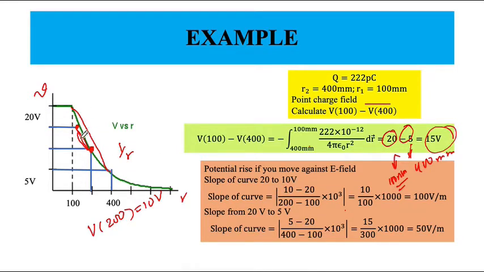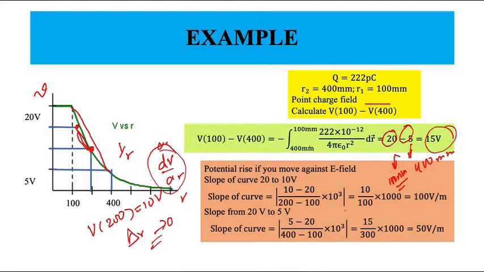This gets better and better if you take delta R going to zero. In that case I get the electric field magnitude to be dV by dr. And if I find the maximum slope, that will be the value of my electric field, and against the direction of maximum slope will be the direction of the electric field.